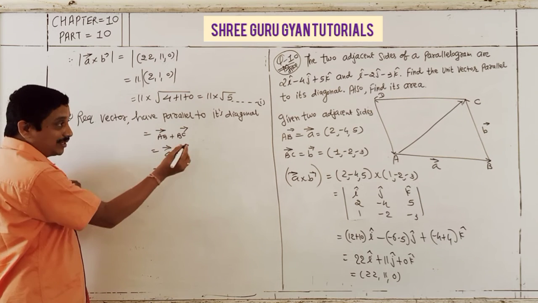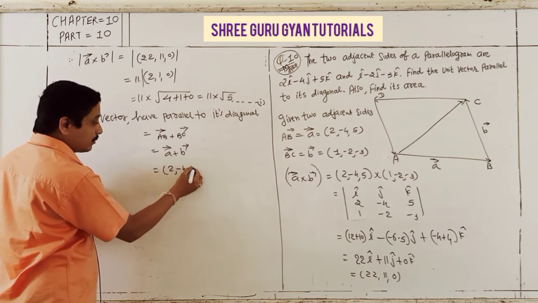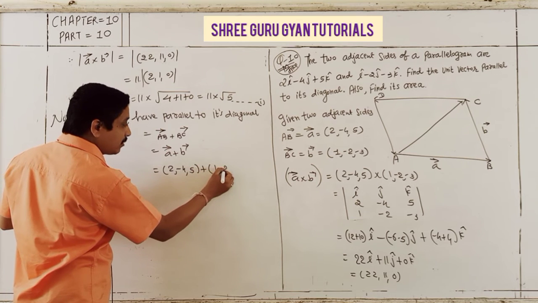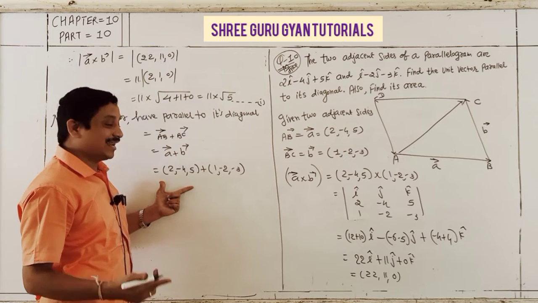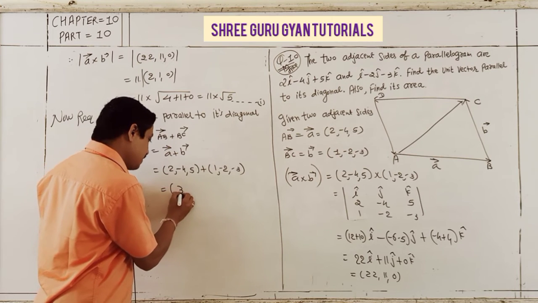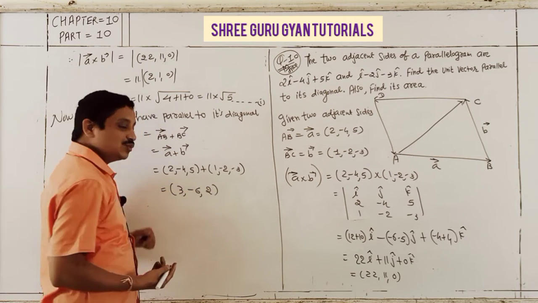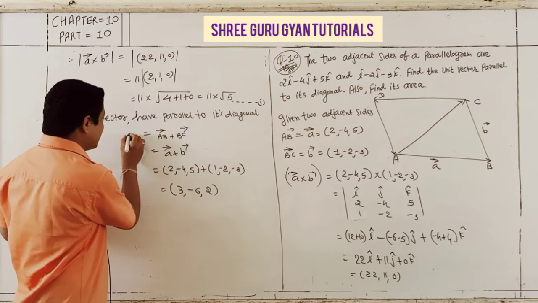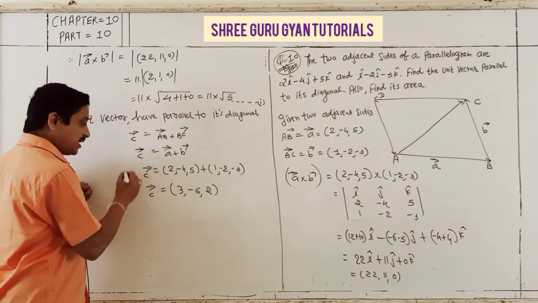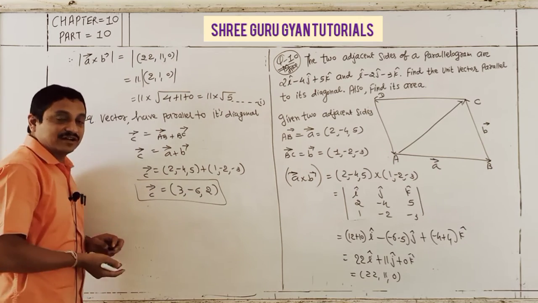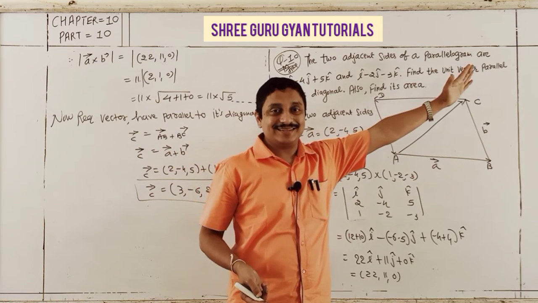And A, you know, is 2, minus 4, 5 and B is 1, minus 2, minus 3, and calculate the answer. Here 3, minus 6 and 2, and that's what you create; call it vector C. Yes, and that is your diagonal vector AC.